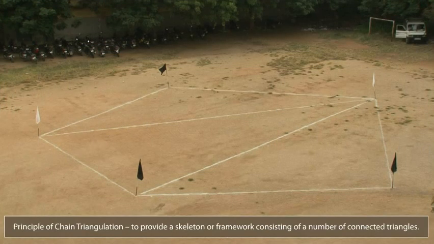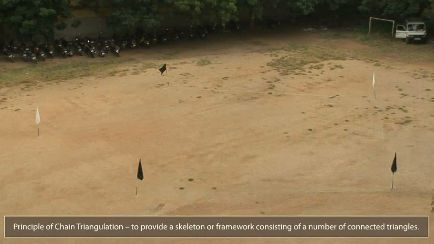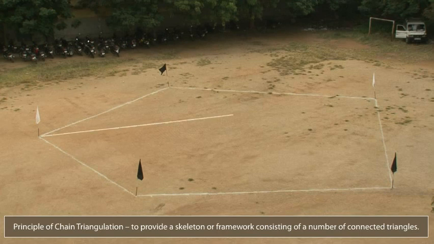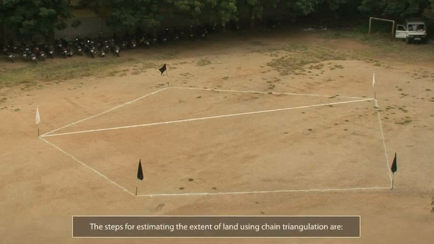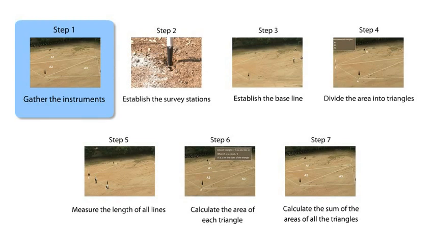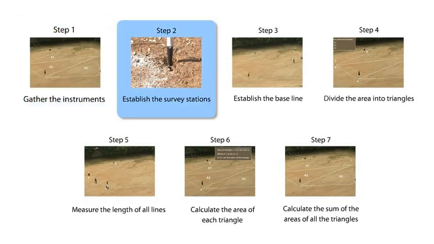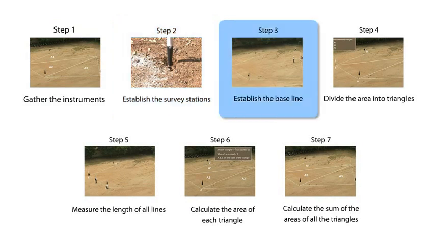The principle of chain survey or chain triangulation is to provide a skeleton or framework consisting of a number of connected triangles. The steps for estimating the extent of land using chain triangulation are: Step 1. Gather the instruments. Step 2. Establish the survey stations. Step 3.